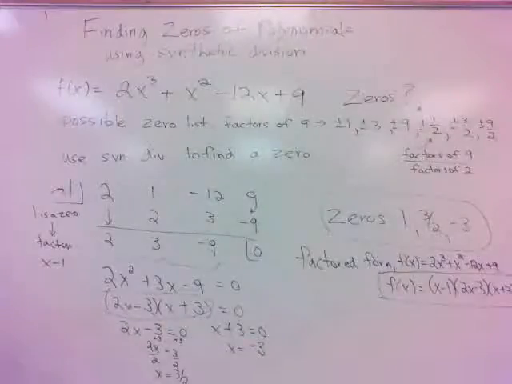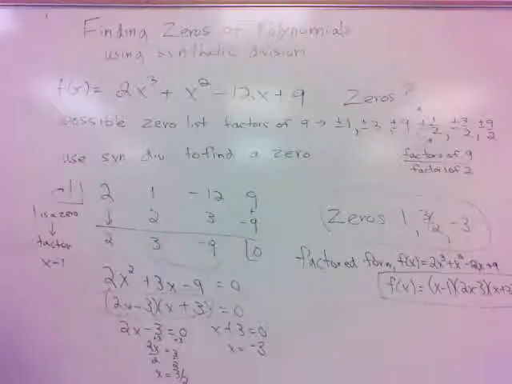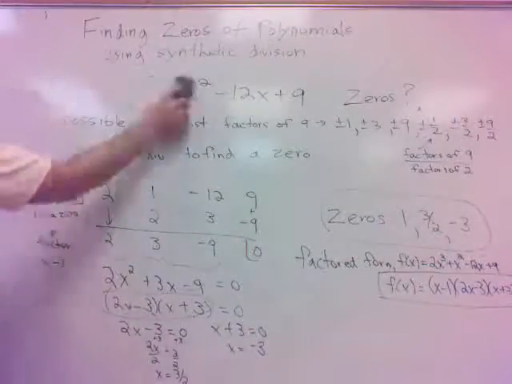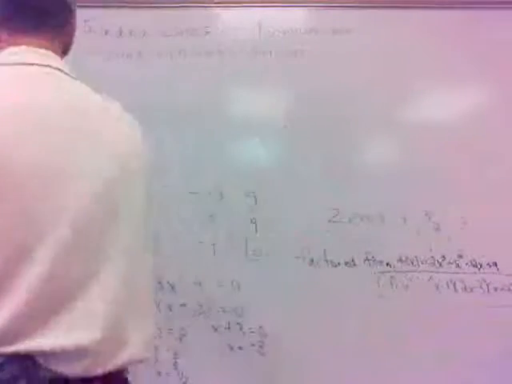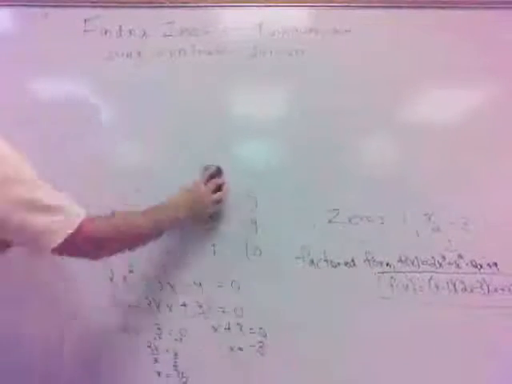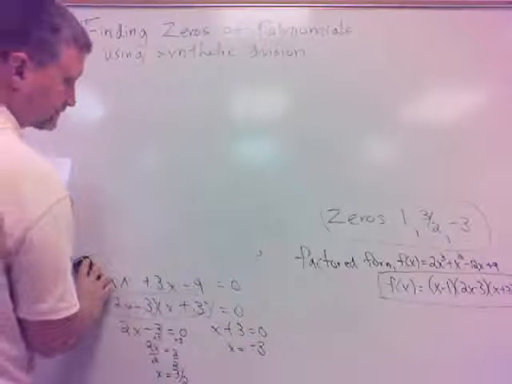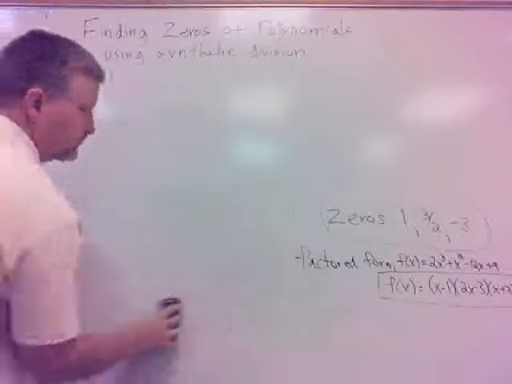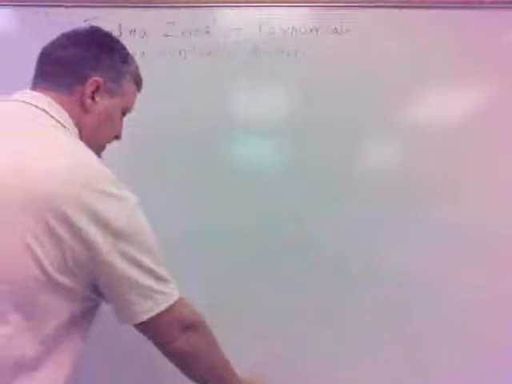Okay. So let's try another one. This one's good. Excuse me. This one's going to be fourth degree. Fourth degree polynomial function. So it's got lots of factors.